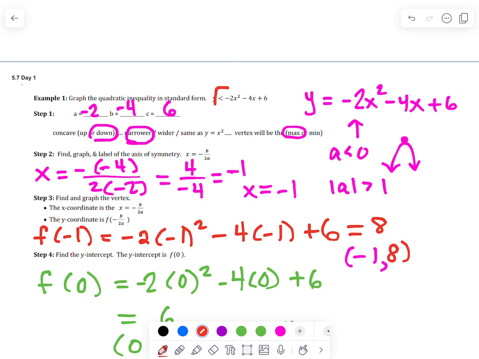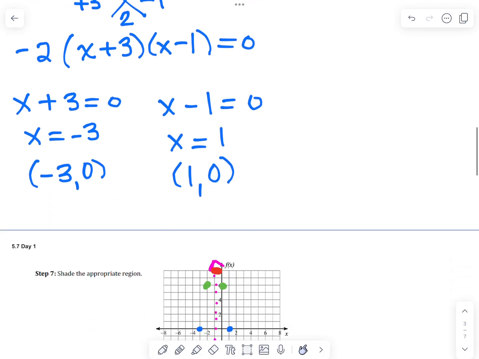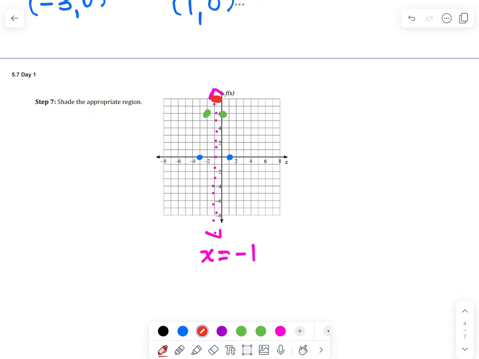Notice that this inequality does not have a line underneath this. It's not equal to. So when we graph this, we are not creating a solid parabola. We're going to have a dashed parabola. So then we go ahead and create our dashed parabola.